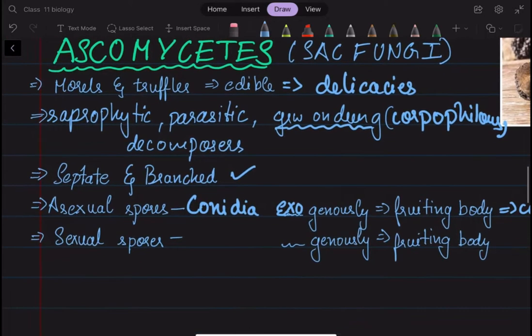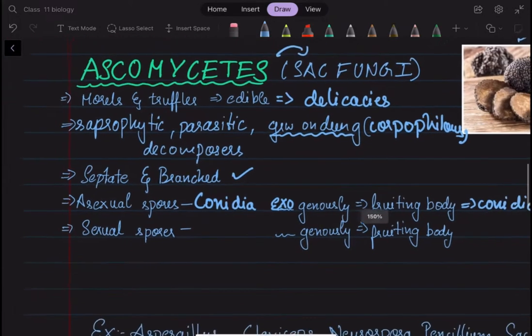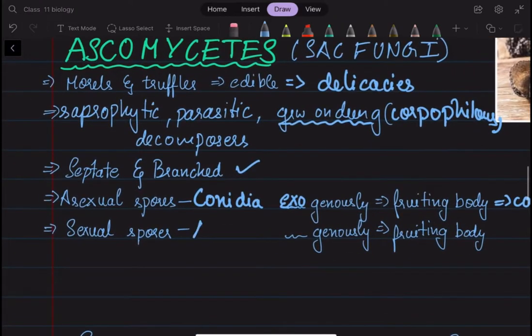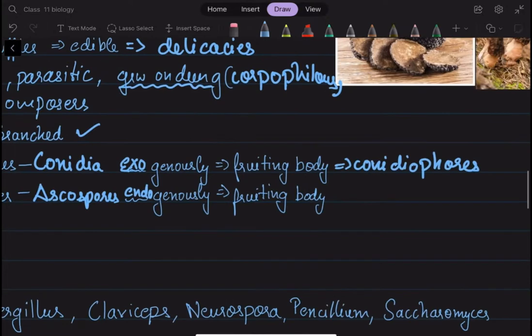Next, coming to sexual spores that we find in ascomycetes, these sexual spores are called ascospores, and they are formed endogenously. That means they're formed inside the fruiting body.